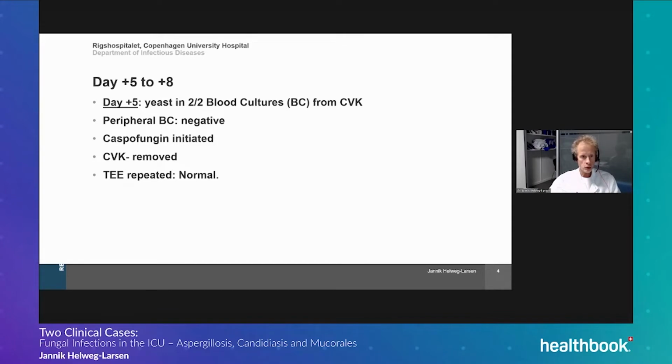His CVK was removed, and we repeated the echocardiography, which was normal without sign of endocarditis. And the next day, we get the full results. He has a Candida glabrata candidemia in the blood cultures.